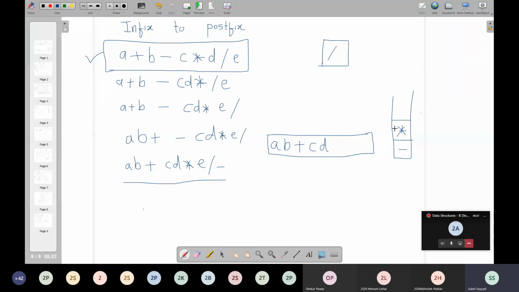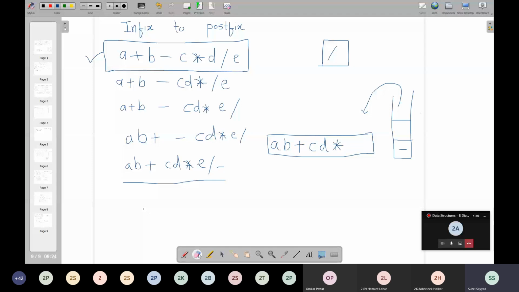In equal precedence, we are going to pop the symbol present on top of stack. So this multiplication will be popped and this multiplication will now come in my output string. Correct, students? This much part is clear.